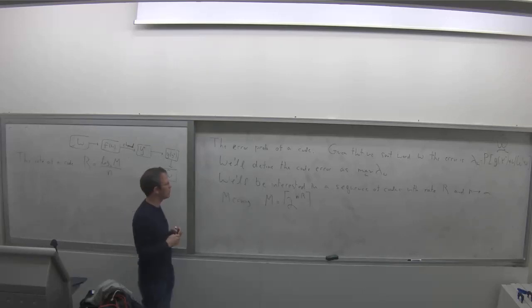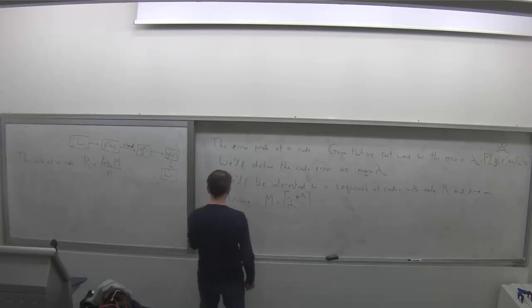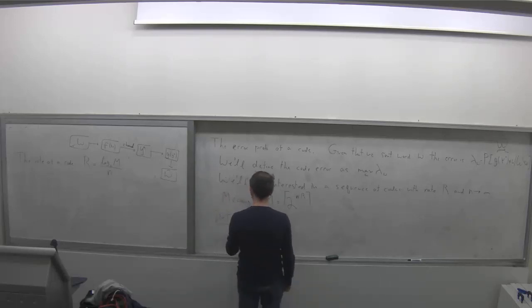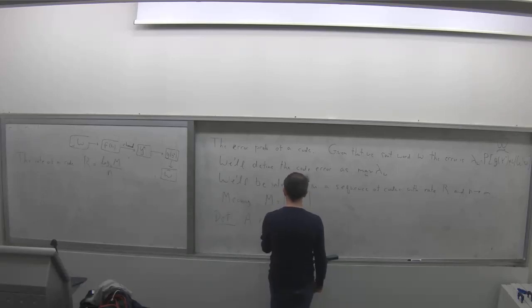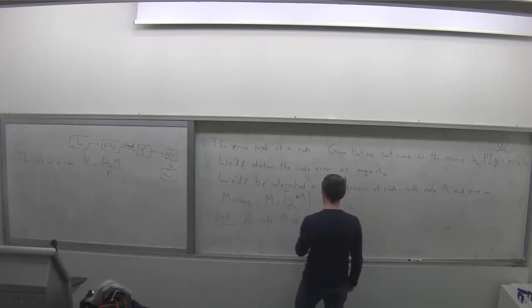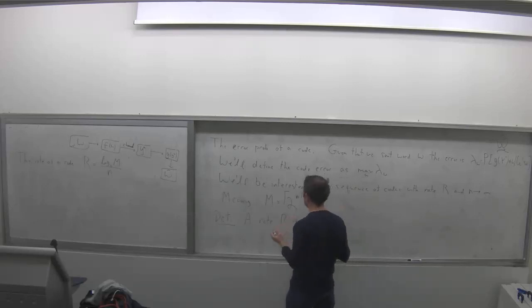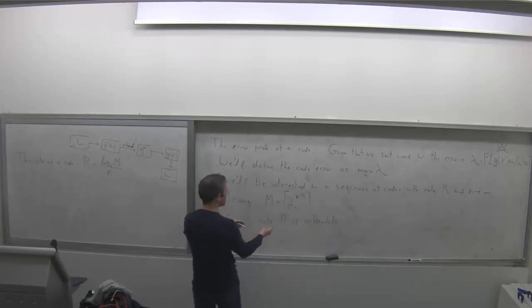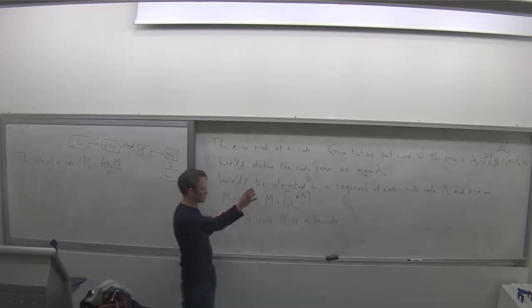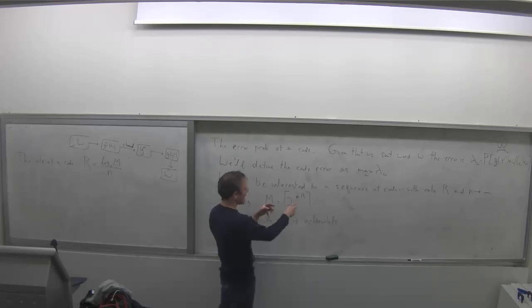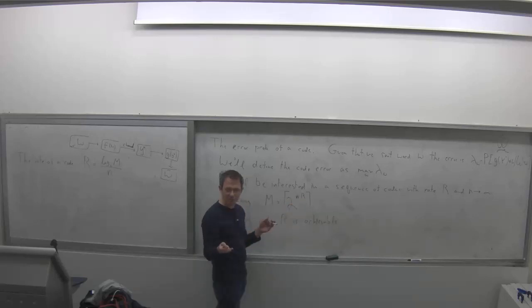Okay, and now the key definition: we say a rate R is achievable. What this intuitively means is that there is a code, or a sequence of codes as n goes to infinity, that has rate R and what? And the probability of error. Right, exactly.